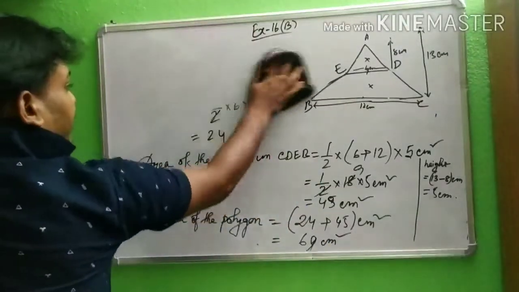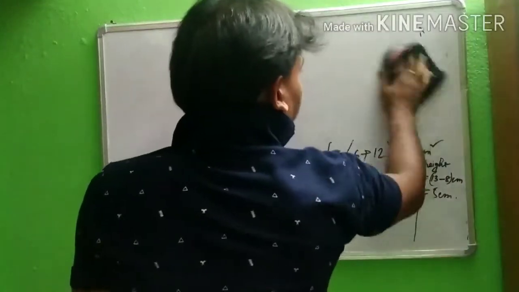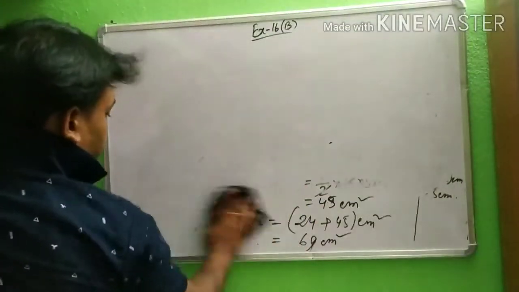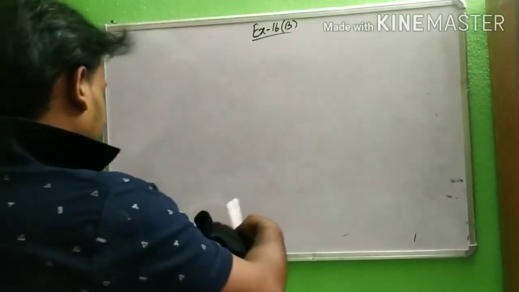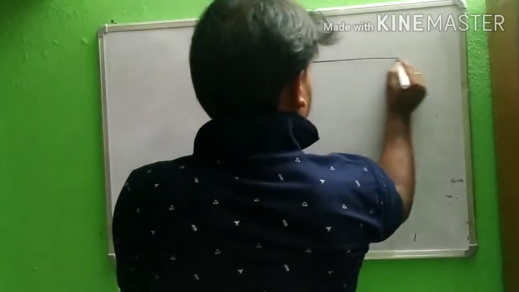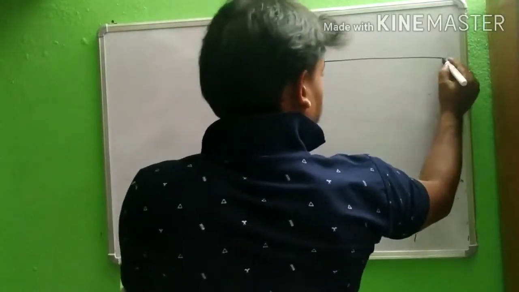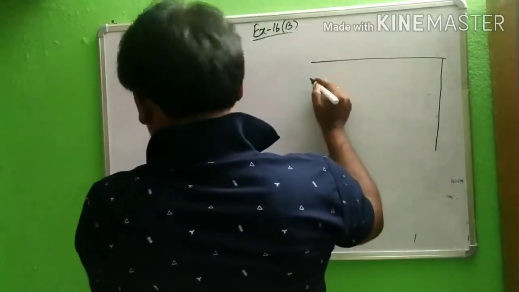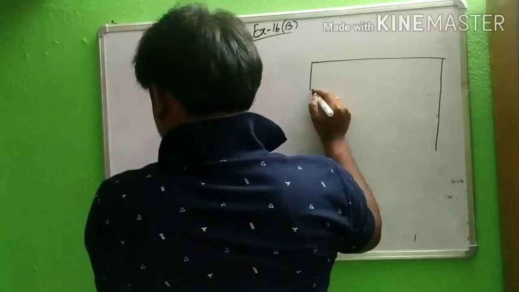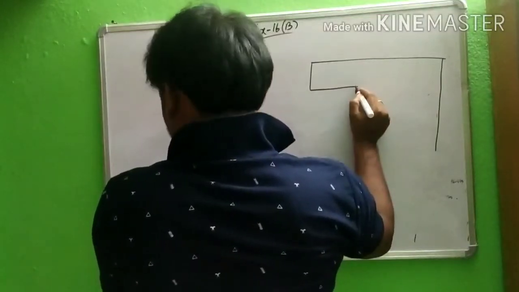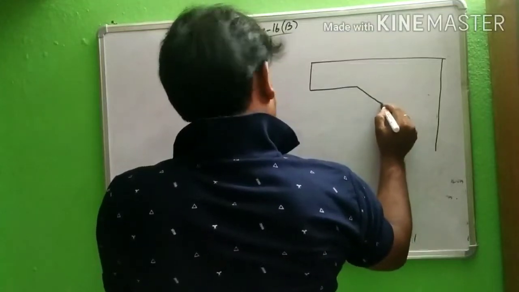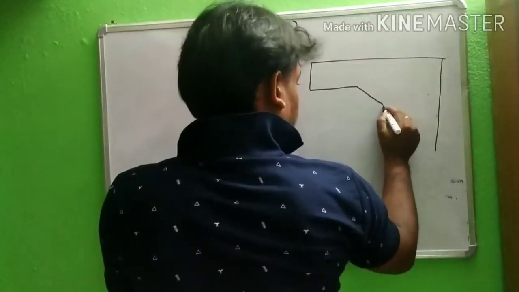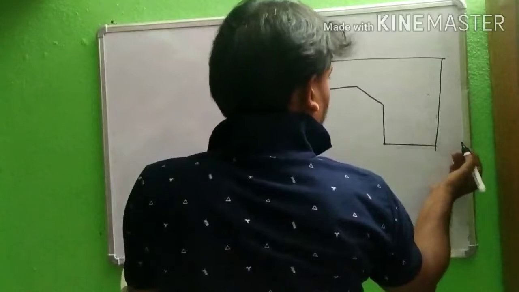Question 3 is similar: find the area of the polygon. Which kind of polygon is given? The lengths are 11 centimeter, 5 centimeter. Okay.